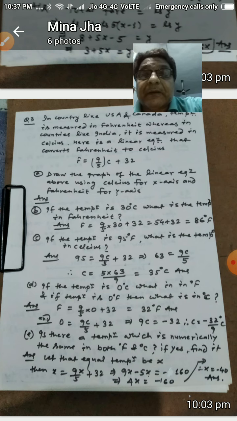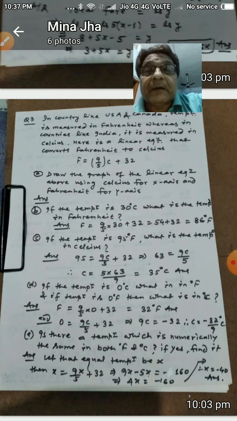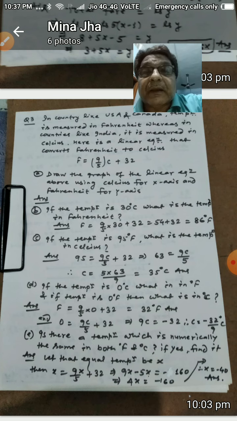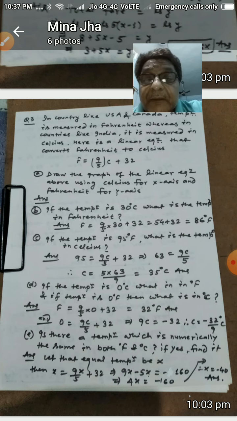So putting the value of C, taking multiples of 5, because there is 5 in the denominator, so it may be cancelled. So we will take Celsius values in multiples of 5 and calculate the value of F. We will take at least two pairs and then draw the graph. This I have left for you students, you will do it on your own.